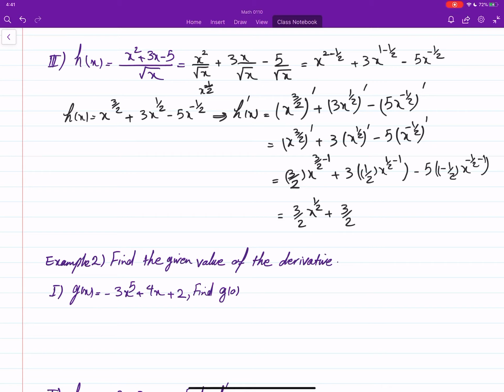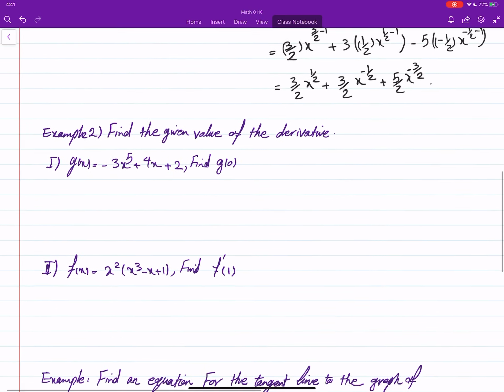I'm multiplying the constant multiples. This will be this guy. And the last one is 5 over 2 x to the power negative 3 over 2. So that gives us the derivatives we were looking for. Okay, so that was the first example.